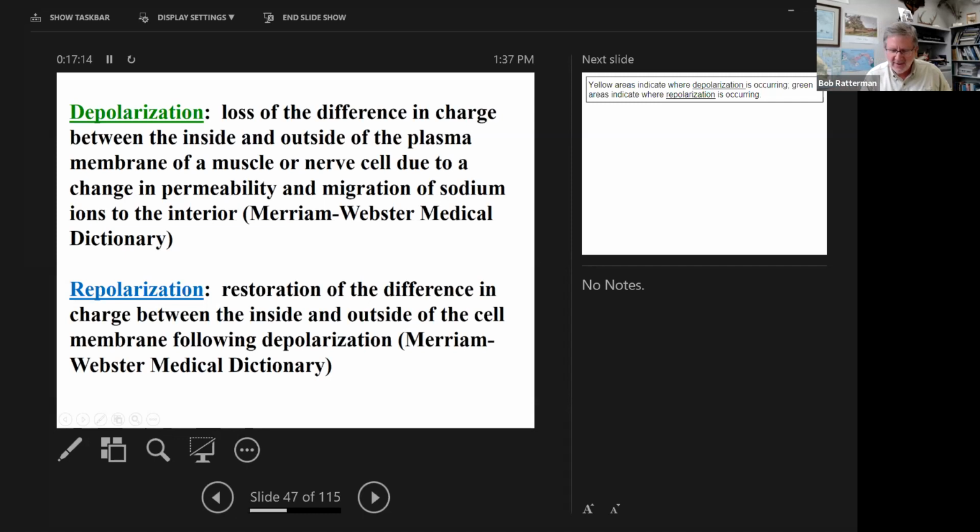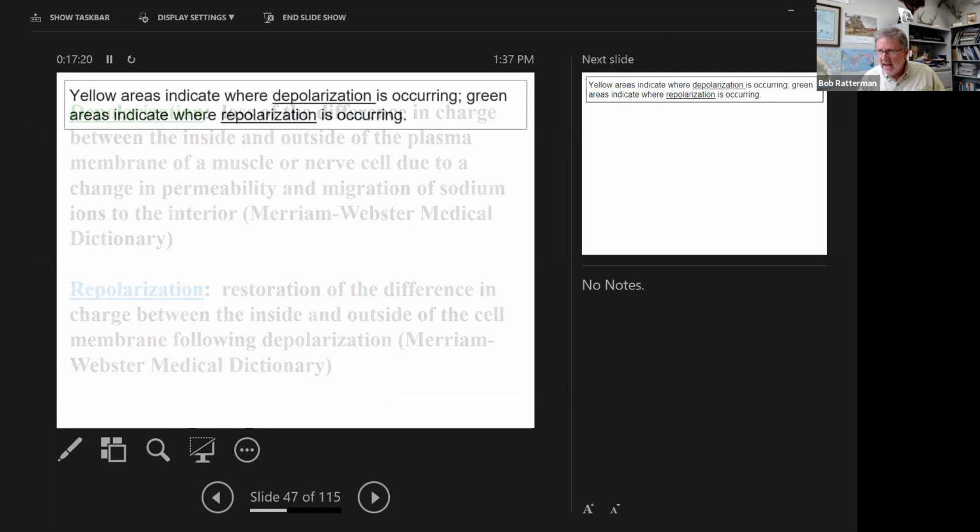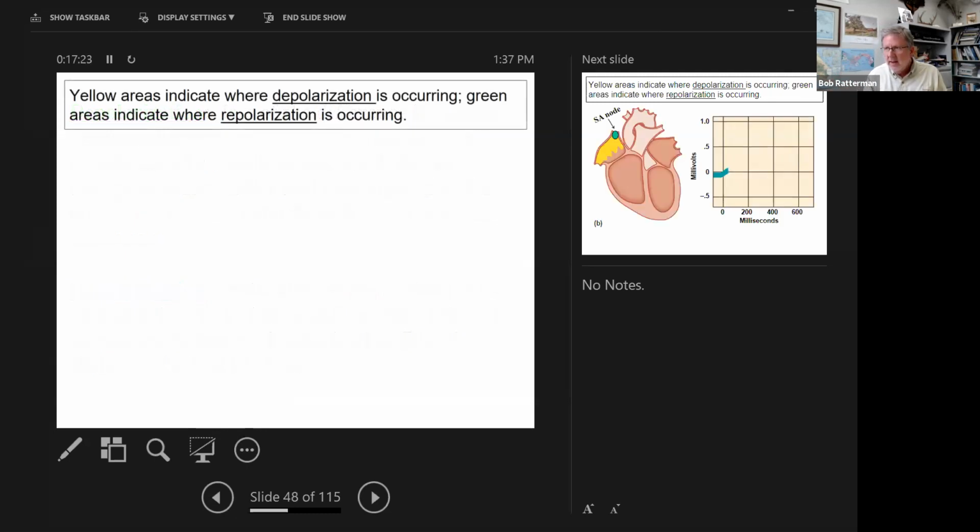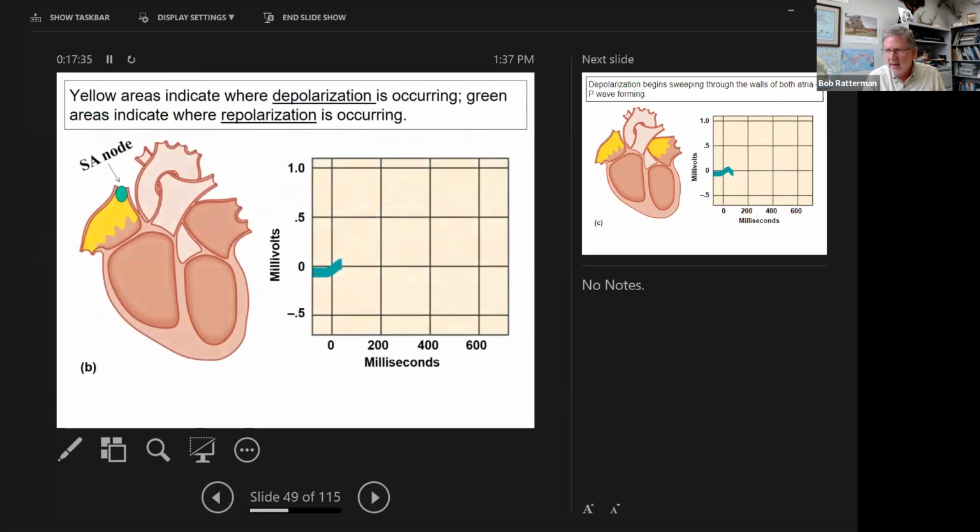There's no obvious similar letters there, but okay. So knowing that, we can now take a look at an ECG and see where these 2 processes are taking place within the heart during the cardiac conduction pathway. So here we are, back to the heart.